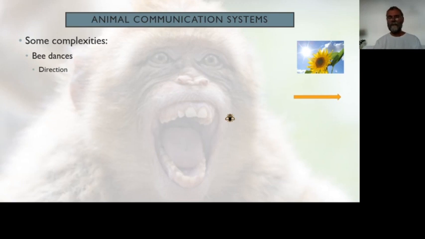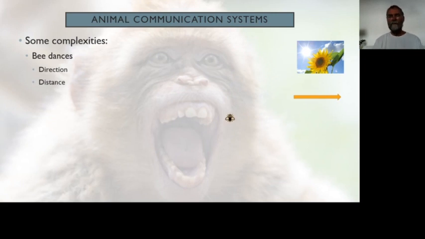So the dance contains information about direction. But that's not the only thing you can convey with the dance. Bees, when they do this straight part of the D dance, they also can wiggle a bit. Now, this also has implications for what the dance means. A small wiggle means that the flowers are close by to the hive.